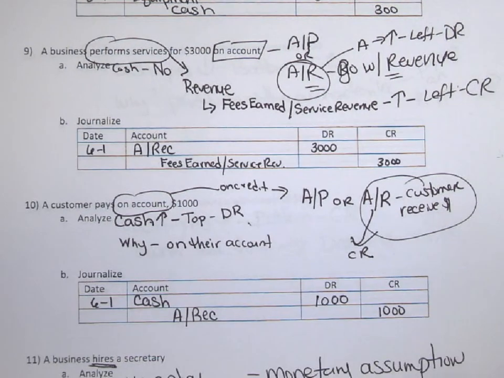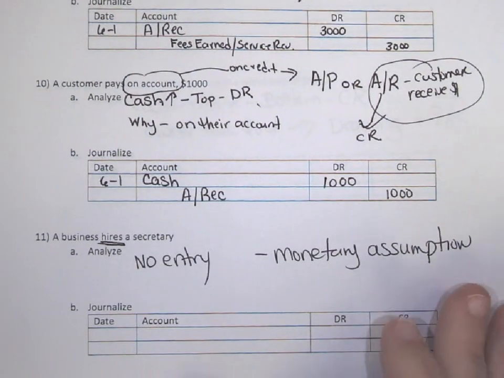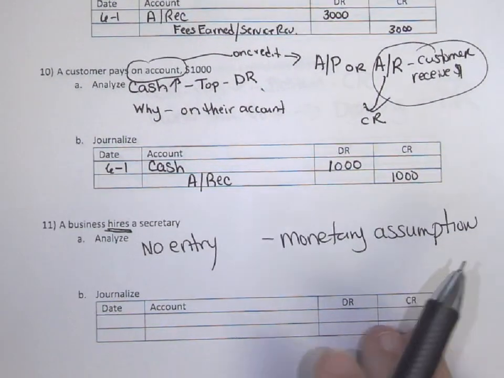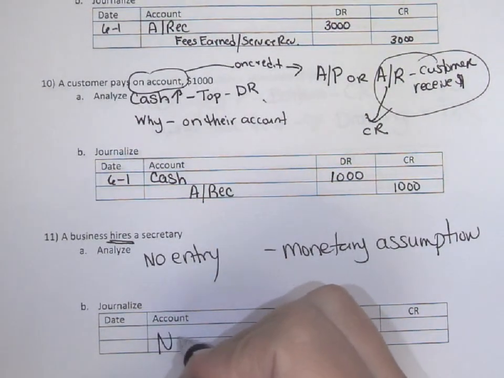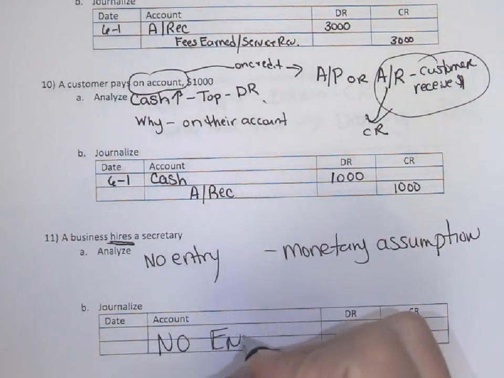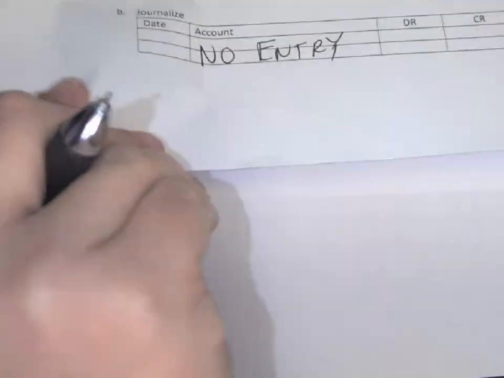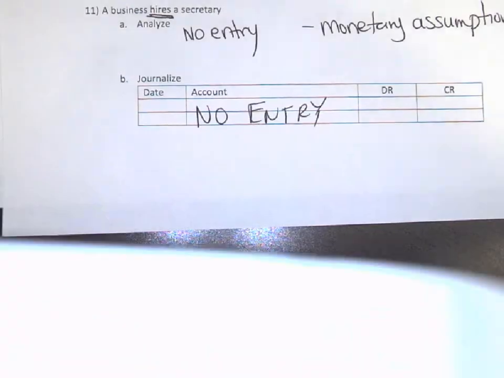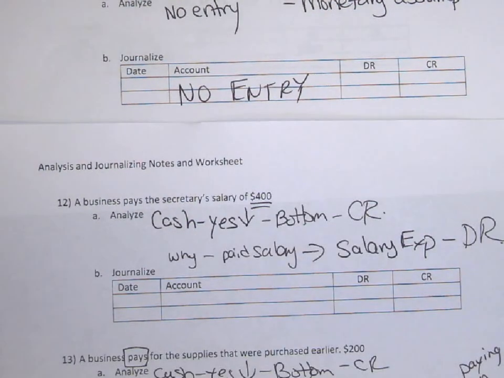And so that's what your journal entry would look like. Number 11, no entry. So we don't have anything there at all for number 11 because there's no entry. I mean, you wouldn't write no entry. You would just not do anything for it. But just so that somebody doesn't think I missed something, I'll just go ahead and put that in.